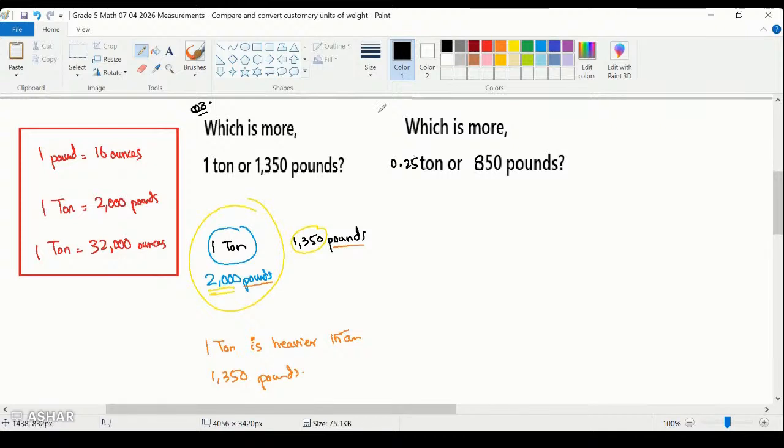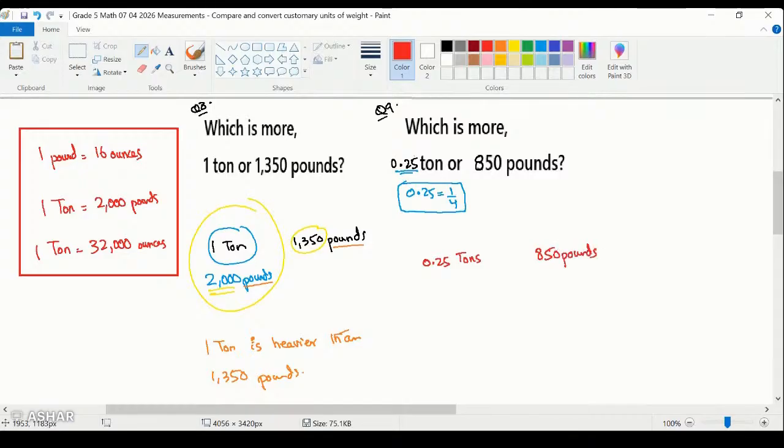Okay, question number 9. We know that 0.25 is also written as 1/4, right? Let's compare. Is 0.25 tons heavier or 850 pounds heavier?